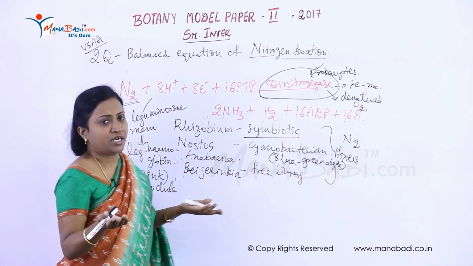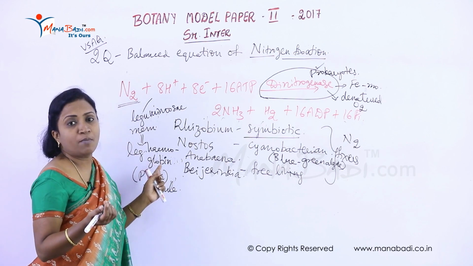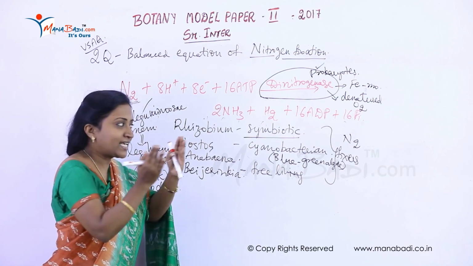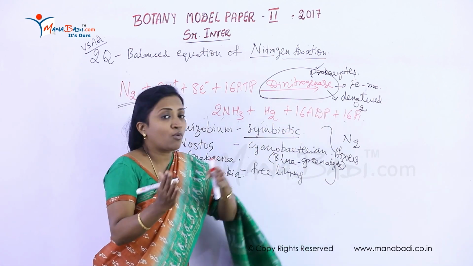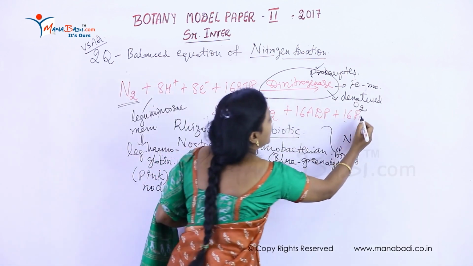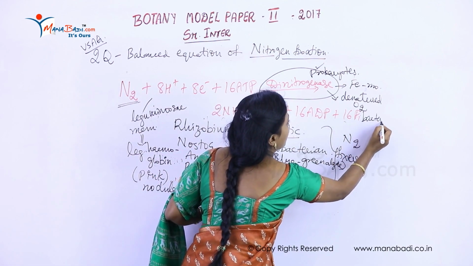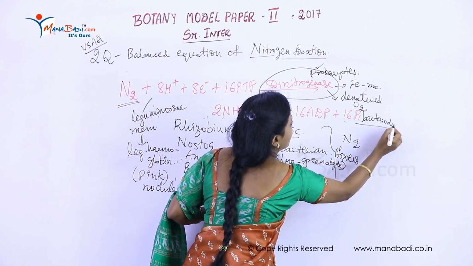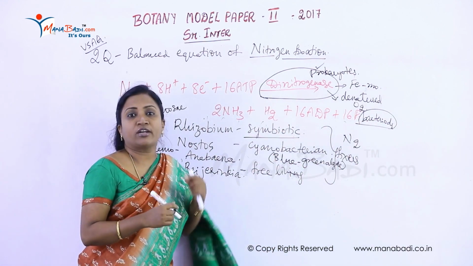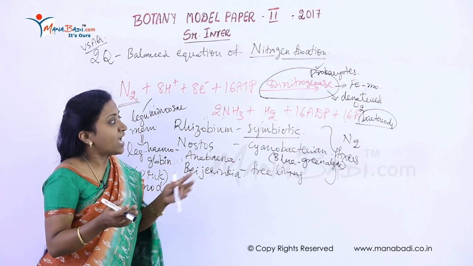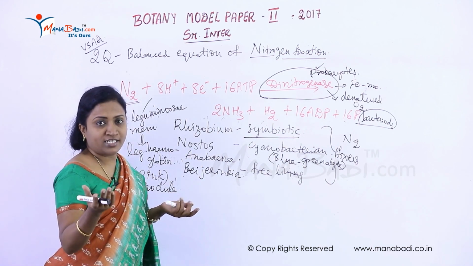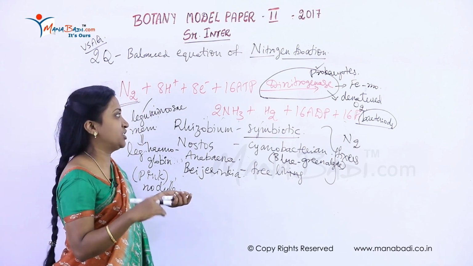Here, what does the leghemoglobin pigment do? It slowly sends oxygen at moderate levels to the bacteroids. As we all know, bacteroids are microorganisms, and they require oxygen for respiration.